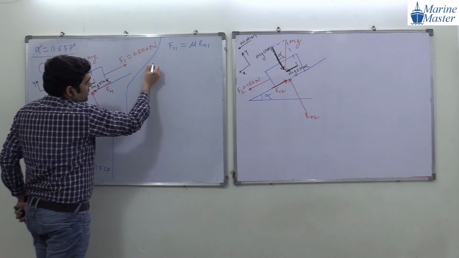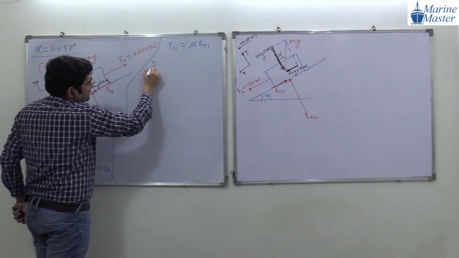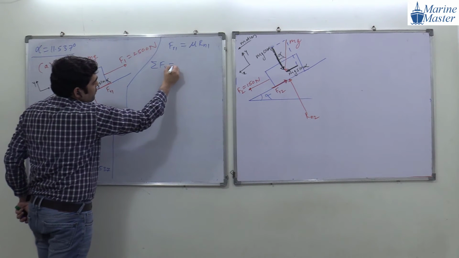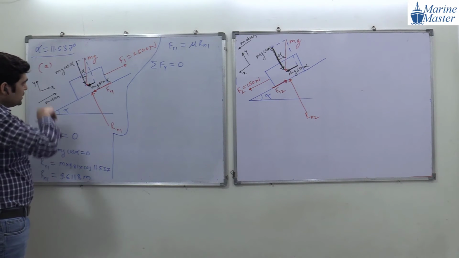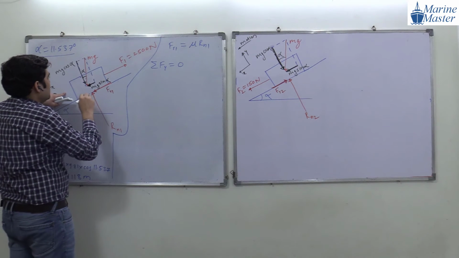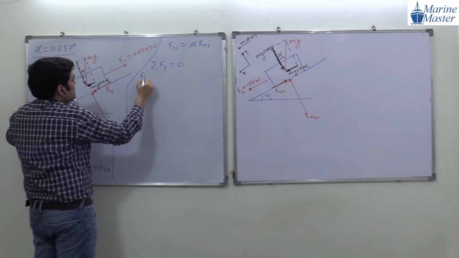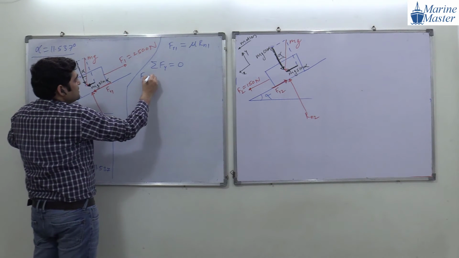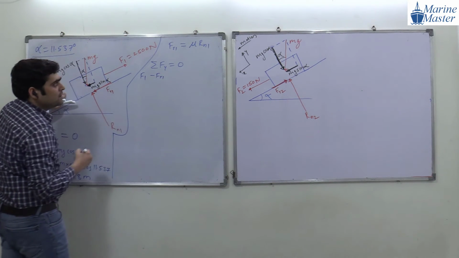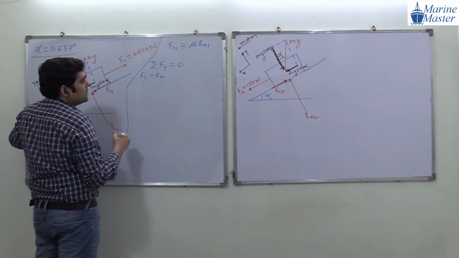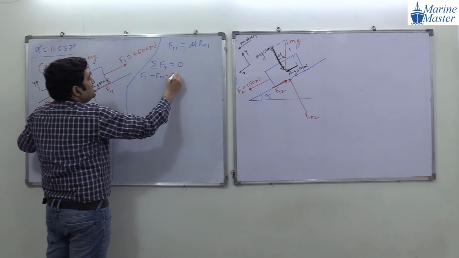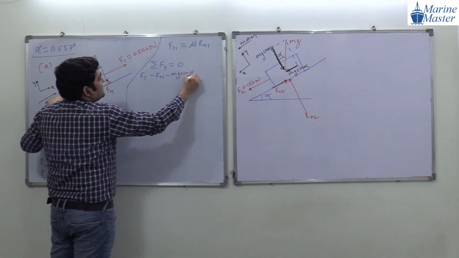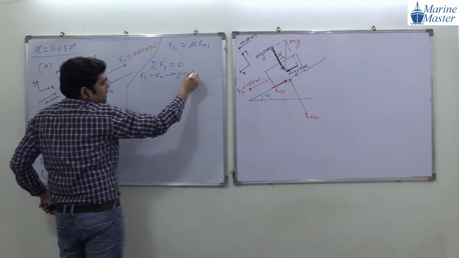Summation of forces in the x direction equal to 0. What are the forces in this direction? First of all, F1 minus Fr1, and then minus mg sin alpha, equal to 0.